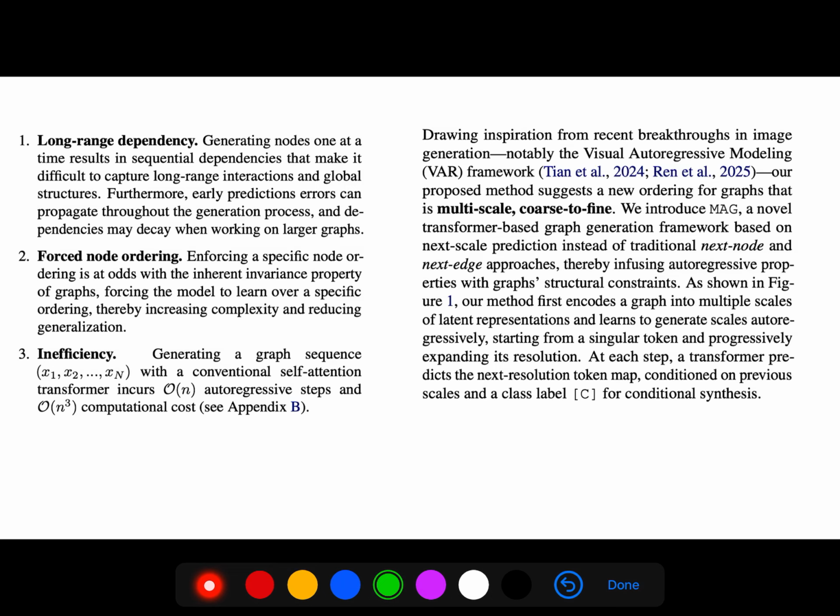We introduce MAG, a novel transformer-based graph generation based on next scale prediction instead of traditional next node and next edge approaches, thereby infusing autoregressive properties with graph structural constraints.